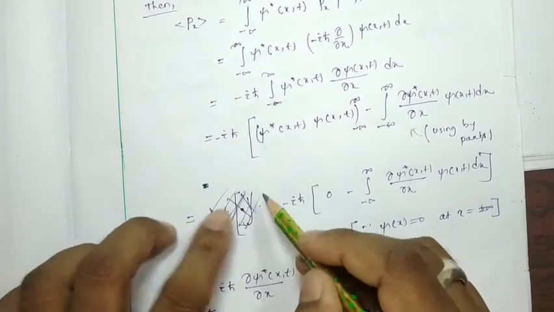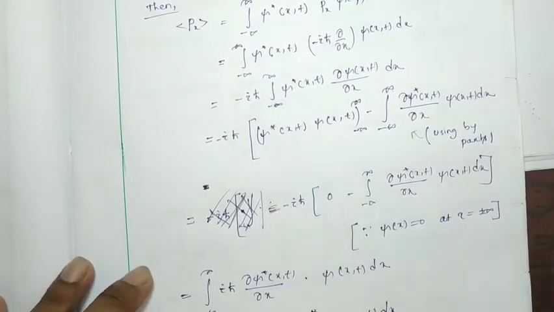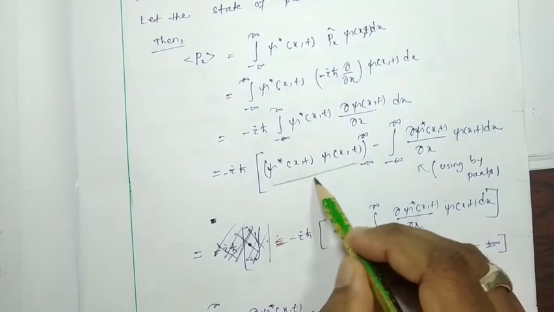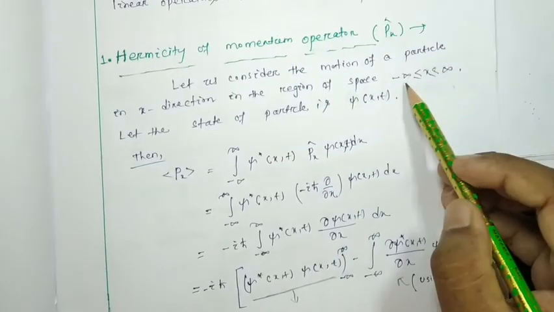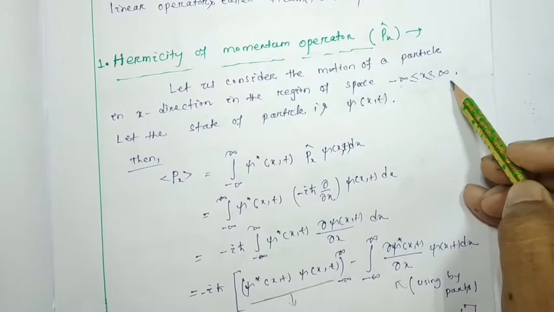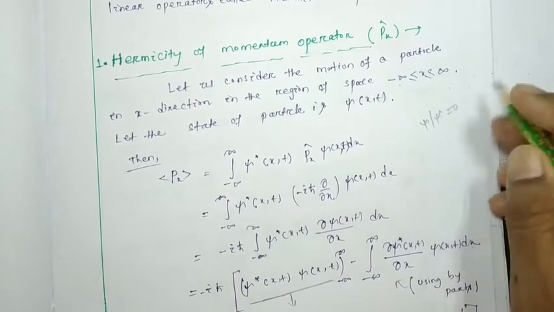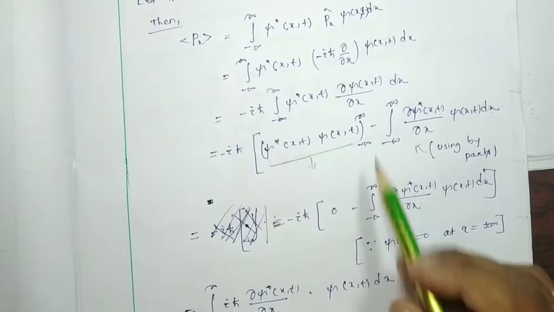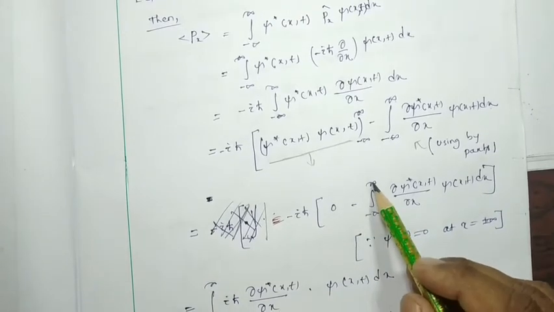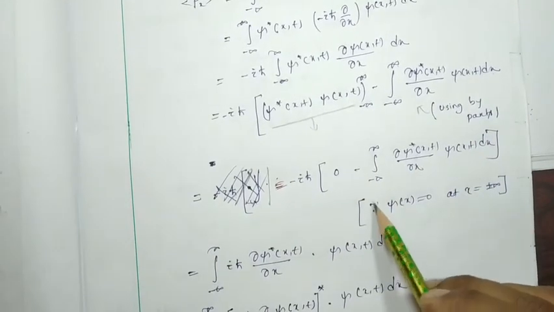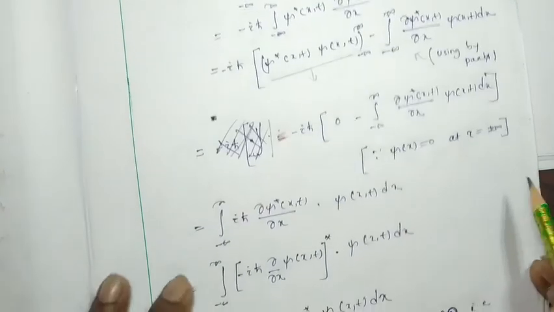So it will be minus i h cross times this. The boundary term will be 0, because if we put the limits, psi star and psi at minus infinity or plus infinity are 0 since the particle does not exist there, hence this term is 0. The rest of the terms: minus the integral from minus infinity to plus infinity, as psi equals 0 at x plus or minus infinity.